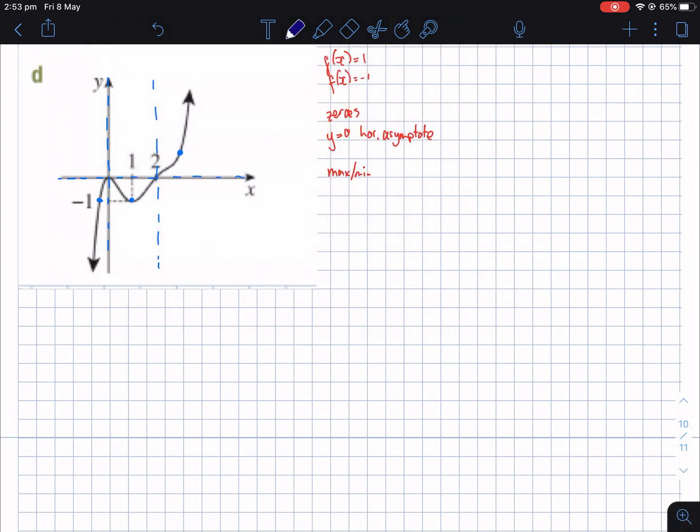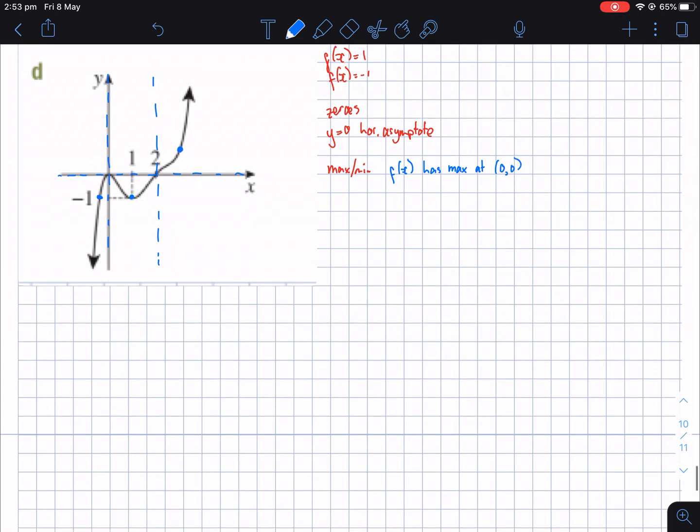So here you can see f of x has a max at 0, 0. But we're not even going to get there, so it's not going to matter. F of x has a min at x equals 1, y equals minus 1.